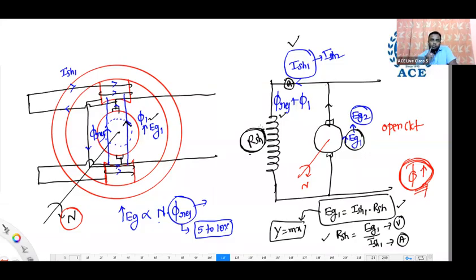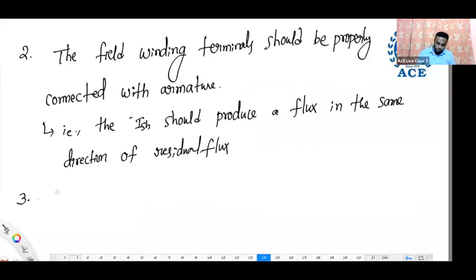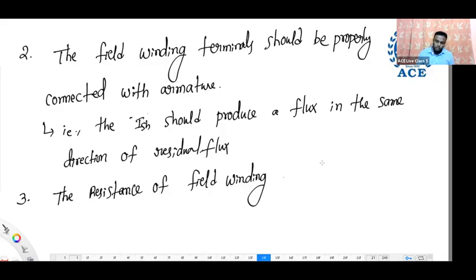So how to find critical field resistance? You can find it from the graph. First write the point. Third condition: the resistance of field winding should be less than critical field resistance.